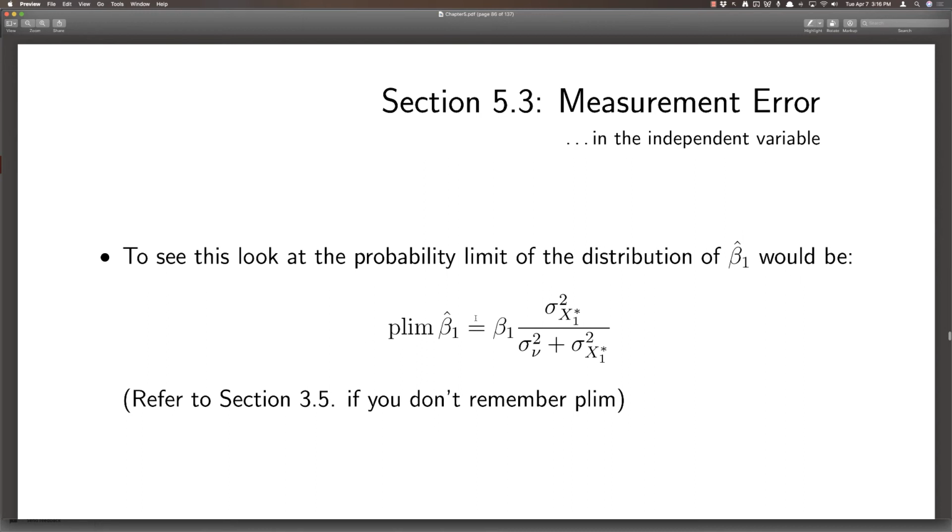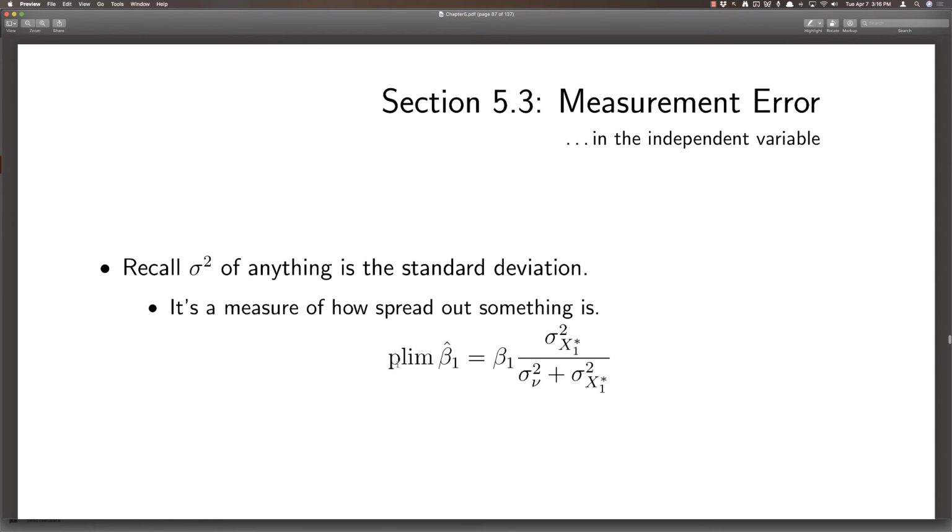So here's the PLIM. You can look back, we did this way back in section 3.5. This is the probability limit of the beta 1 hat distribution. And what we did is we wanted to say as n goes to infinity, what happens to beta 1 hat? And we had this expression, all right? So recall that sigma squared of anything is a measure of how spread out something is.